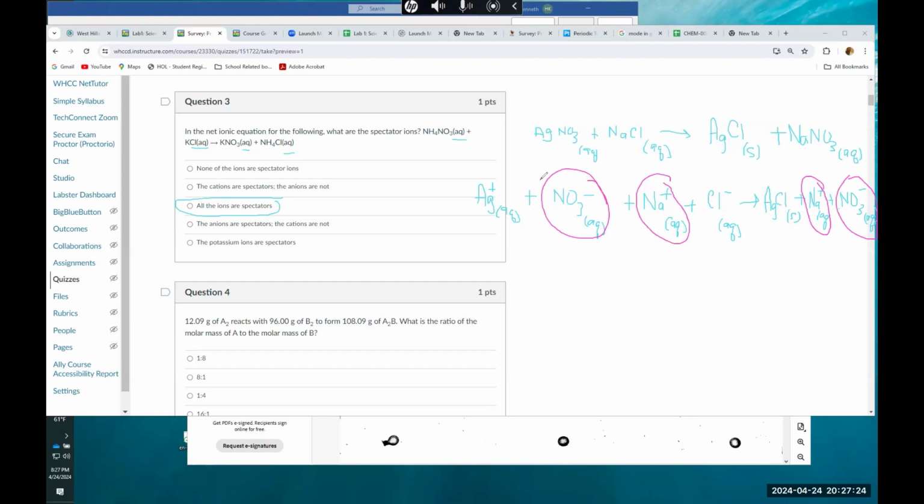So since all these guys did was bring the other guy to the party, nitrate brought silver to the party, and sodium brought chloride to the party. That's all they did. So those are spectators. Does that make sense? Yes, that makes a lot more sense. Thank you.